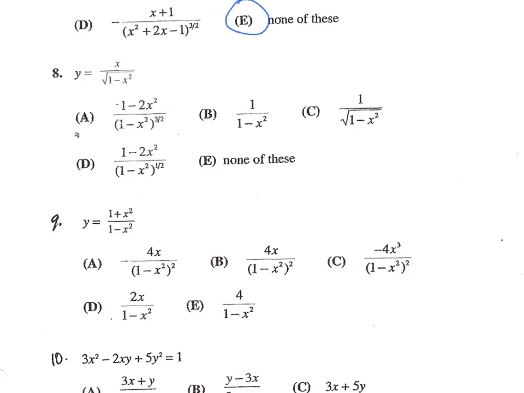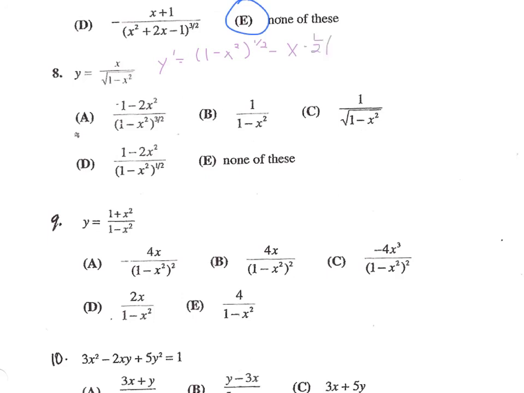For number 8, we're going to have to use the quotient rule. So we're going to do the derivative of the top, which is 1 times the bottom. So that'll be 1 minus x squared to the 1/2 minus the top, and then times the derivative of the bottom. So that one we're going to have to chain rule.